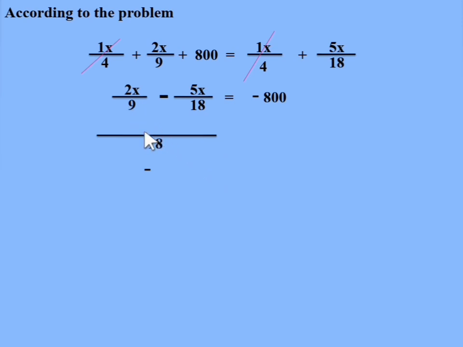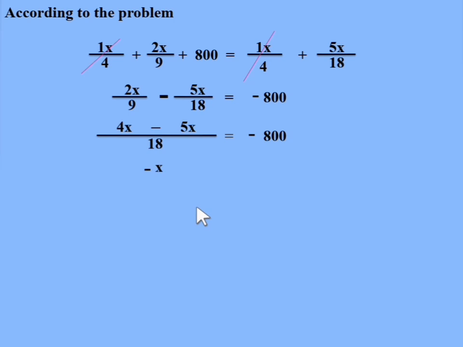Now 9 2s are 18, 2 into 2, 2 2s are 4x, 18 1s are 18, 1 into 5x, 5x equals 800. Now 4x is plus, 5x is minus, we have to subtract.